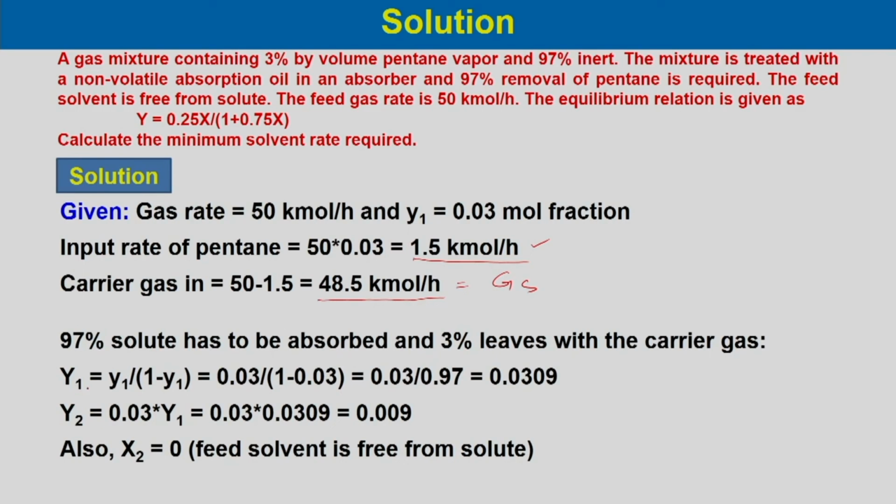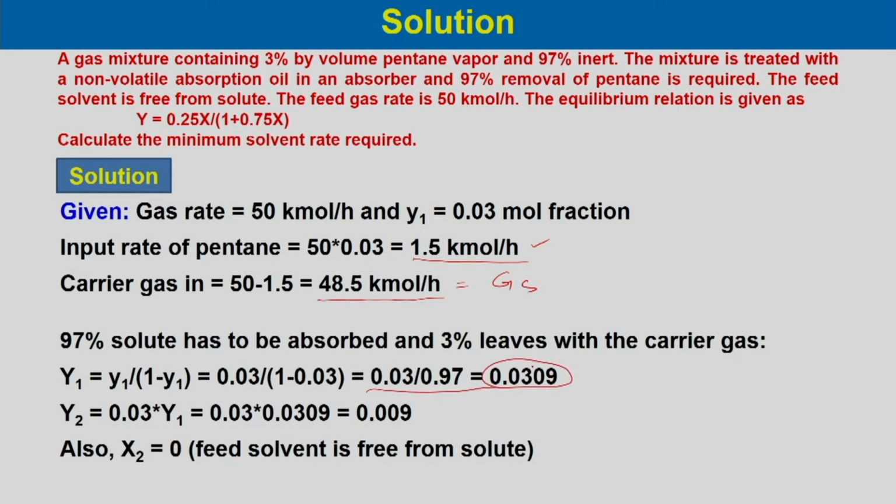Now, 97% solute has to be absorbed and 3% leaves with the carrier gas. So, capital Y1 would be small y1 divided by 1 minus y1, which is equal to 0.03 divided by 1 minus 0.03, which is equal to 0.03 divided by 0.97.